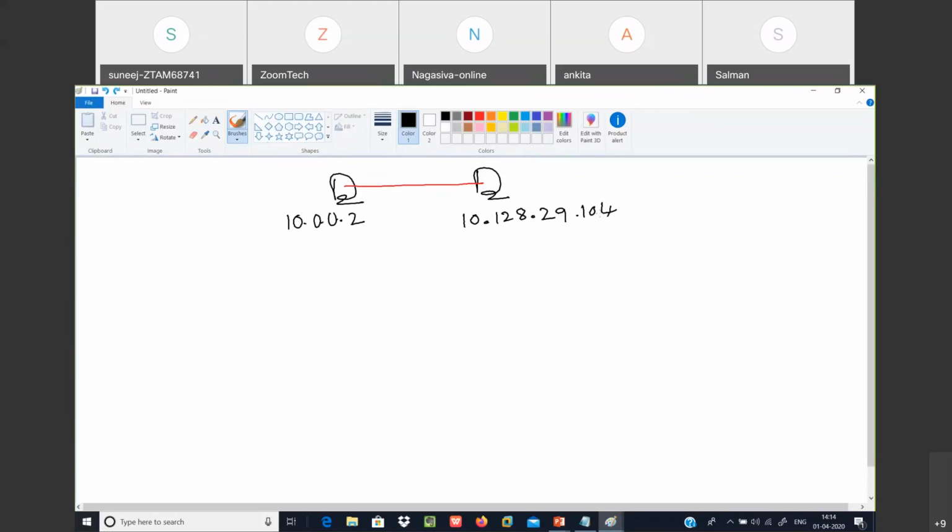Okay, all right. The next scenario is 186.10.2.9 for one PC and 186.11.3.9 for the neighbor PC. Will they communicate, guys?